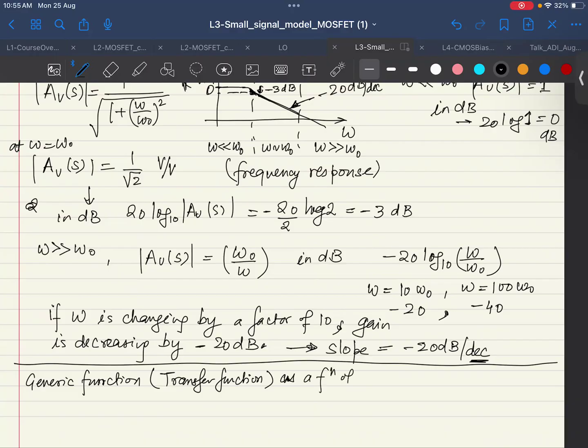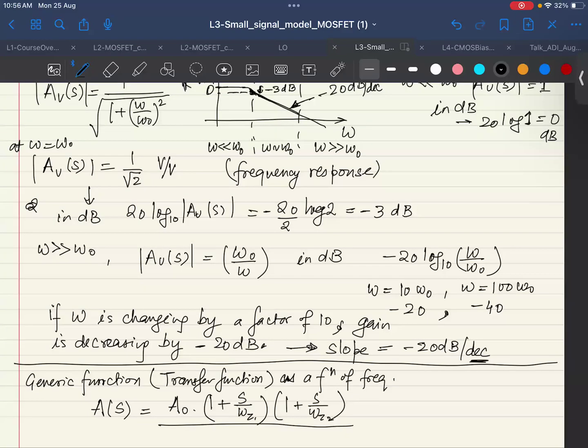So let's say if I'm writing A(s), this could be some term A naught into, it could have multiple terms, and this is directly coming from the network, whatever kind of thing we are building. So let's say 1 plus s by omega P1, 1 plus s by omega P2, 1 plus s by omega P3.